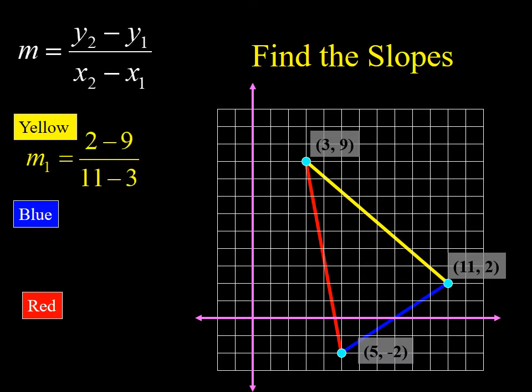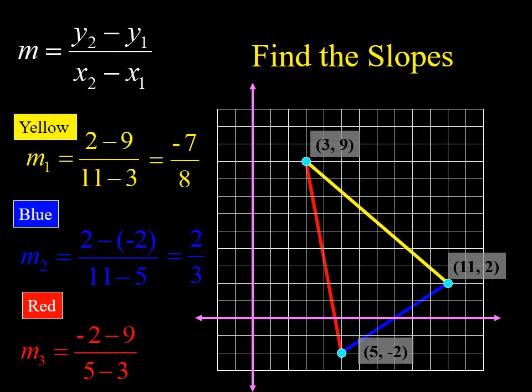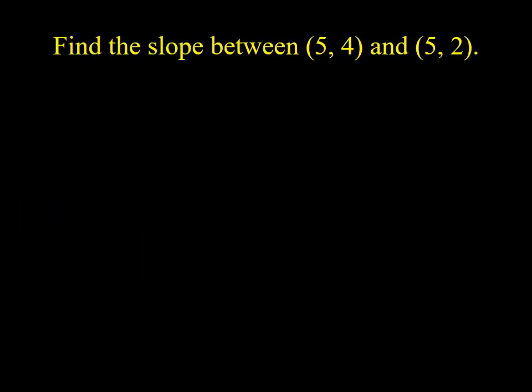Slope number 1 equals (2 - 9) over (11 - 3) = -7/8. Slope of the blue line: (2 - (-2)) over (11 - 5). Slope for the red line equals (-2 - 9) over (5 - 3) = -11/2.